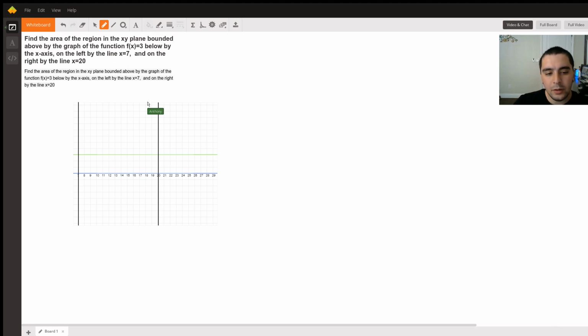This rectangle, we can find the area just by using visual observation, or if you want to use the calculus way of doing it, we can make an integral.